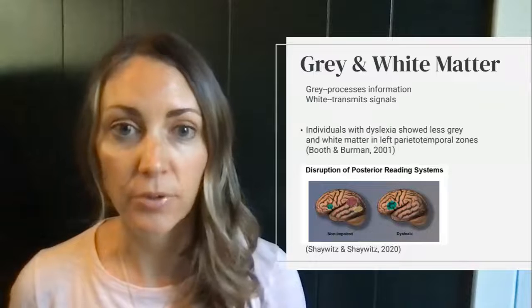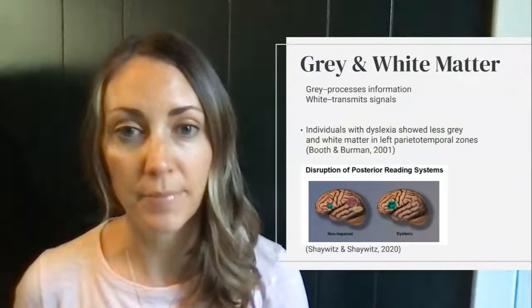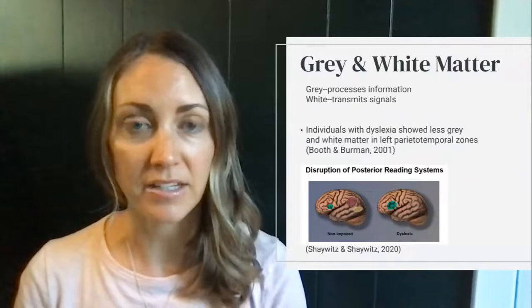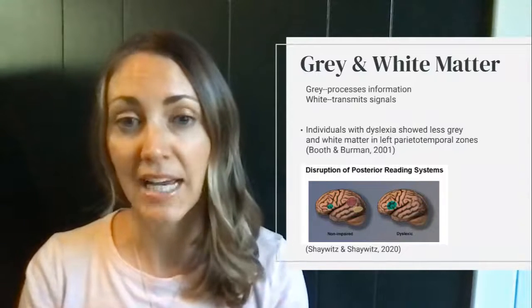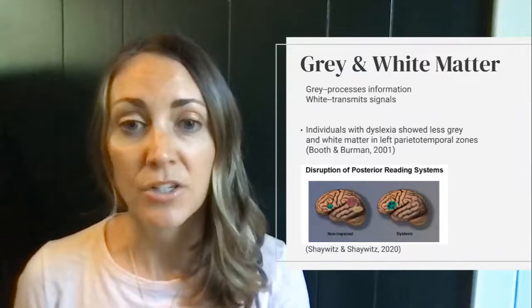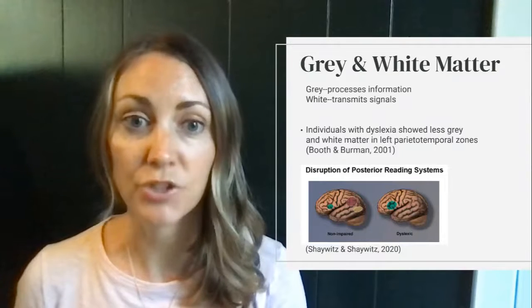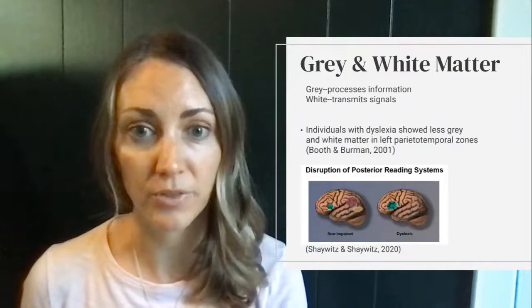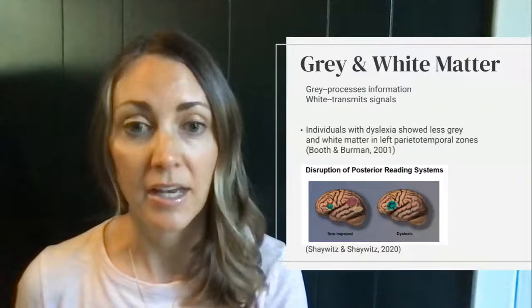Gray matter processes information and white matter transmits the signals. So, you might think of the gray matter as a variety of structures or homes, and the white matter would be the roads that connect those areas. Individuals with dyslexia have shown less gray and white matter in that left parietal temporal zone that we were talking about previously.